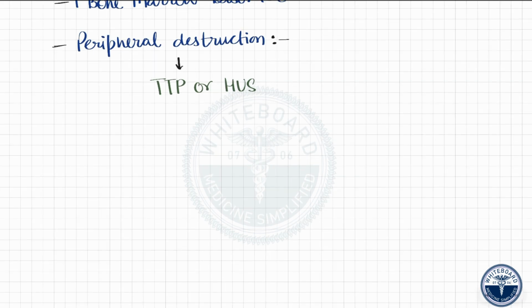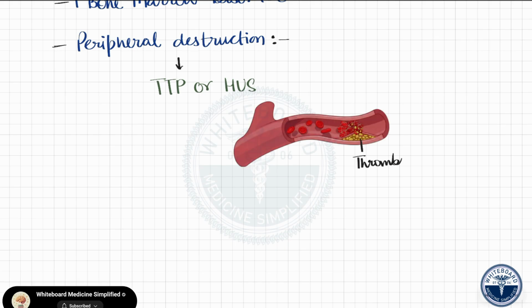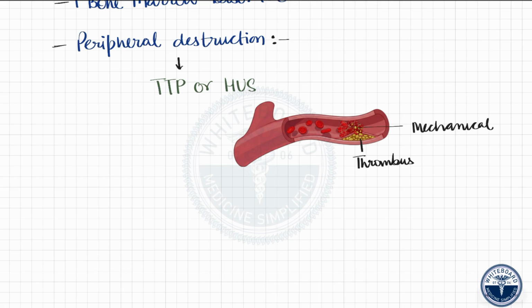In thrombotic thrombocytopenic purpura, which is a rare but serious condition, large thrombi form within the blood vessels. As blood flows through these vessels, red blood cells and platelets rub against these thrombi. This mechanical friction causes damage and rupture of both RBCs and platelets, leading to anemia and thrombocytopenia.